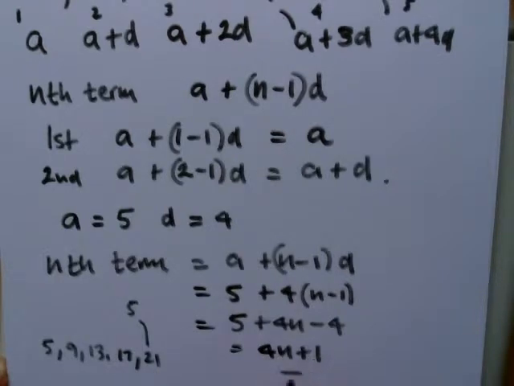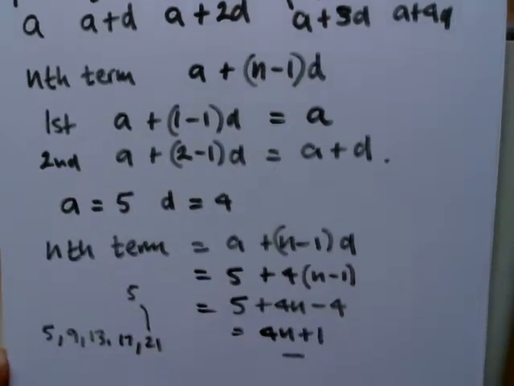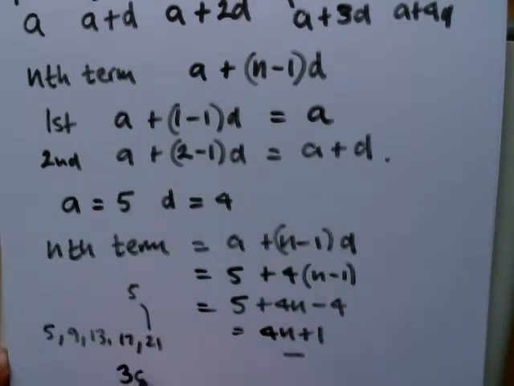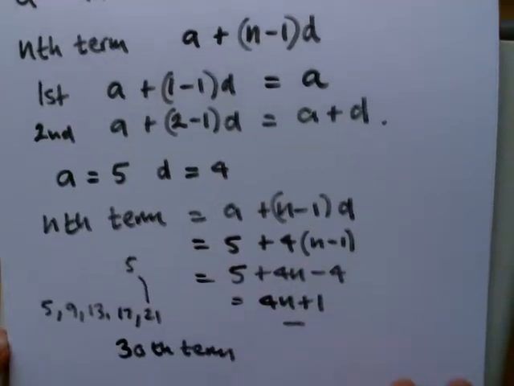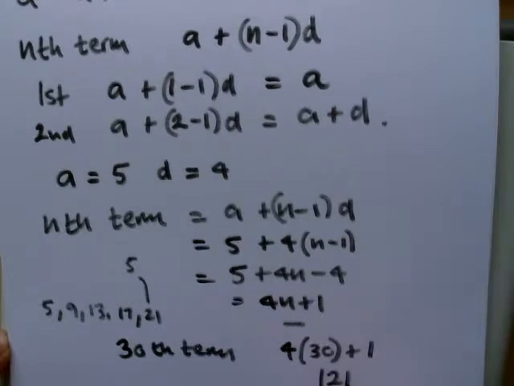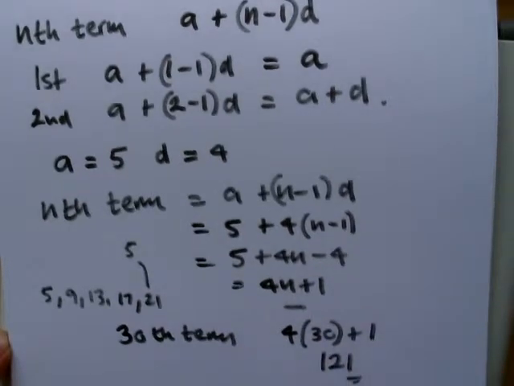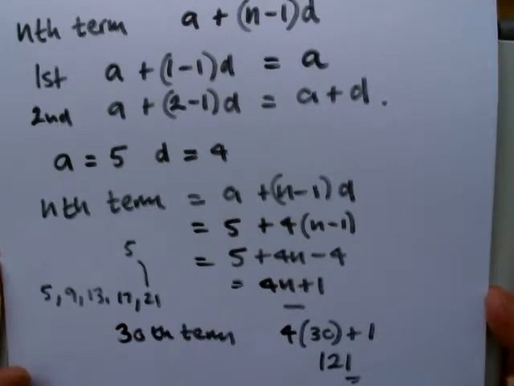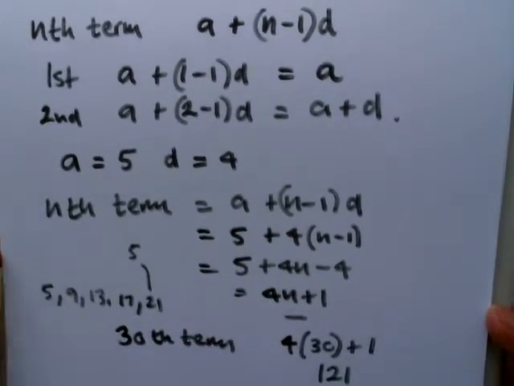So this little formula generates any value of the term, provided I know its position. So if I wanted to know what was the 30th term, I wouldn't have to write out all 30 terms. It would take some time. I simply substitute 30 into here. The value of the 30th term will be 4 times 30 plus 1. That would be 121.